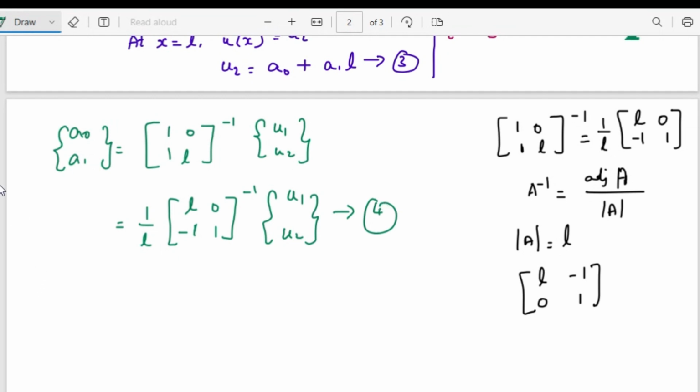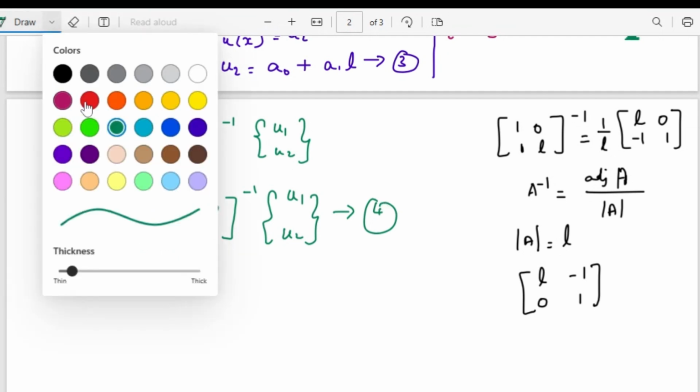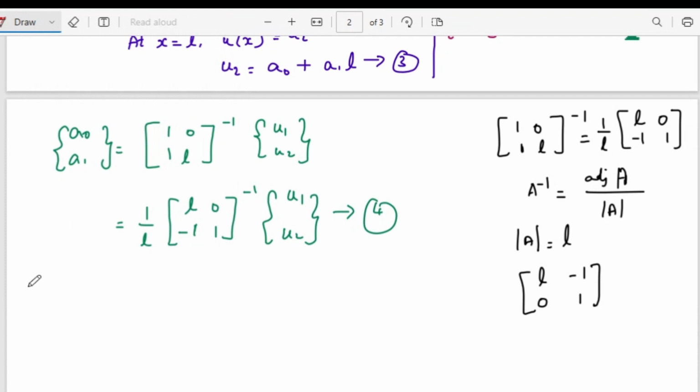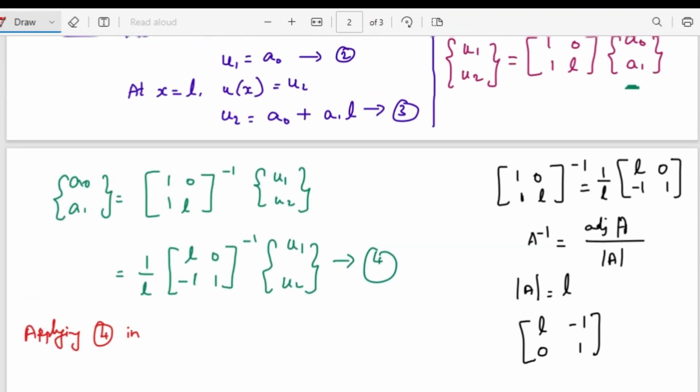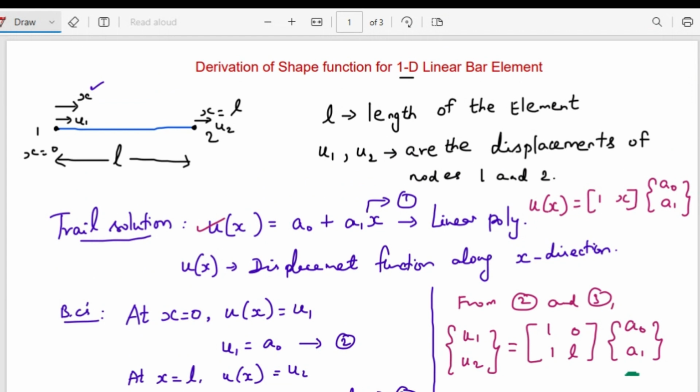Okay, so as the final step, we apply equation 4 in equation 1. This is equation 1, the matrix form of that. I will just strike out this one, not this.